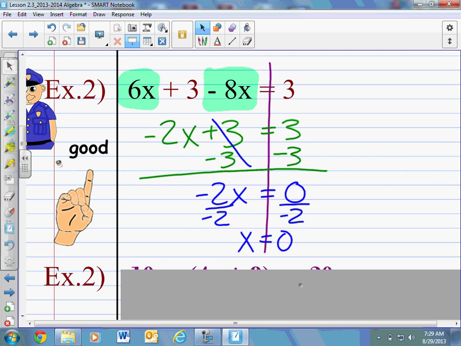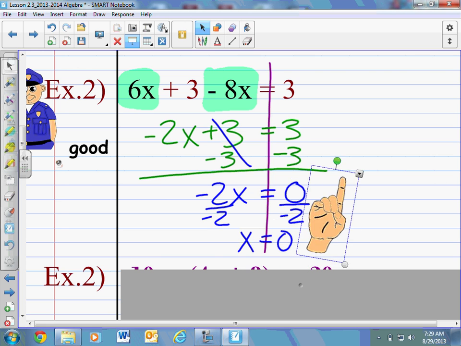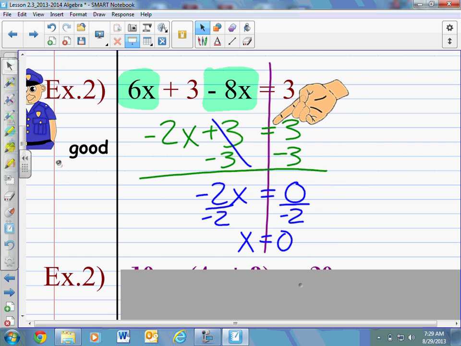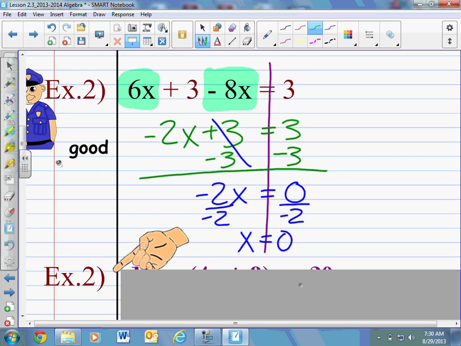Now, how do you check this? On your homework, I'm going to make you do some of these checks. Take your 0 answer and plug it in where the x is, and where the x is. I'd have you do a little bubble with the check so I know you checked it.